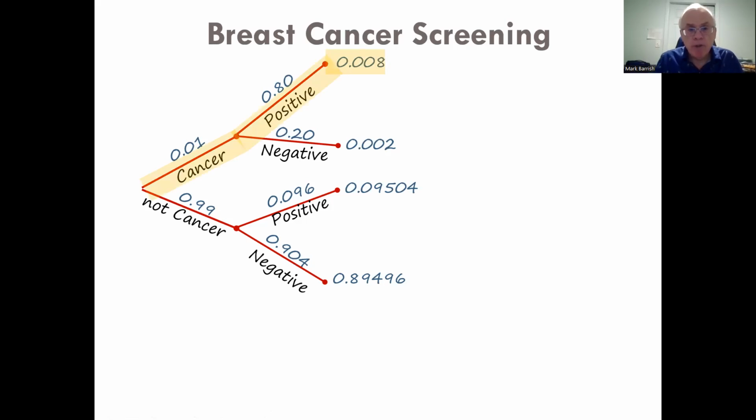So if you wanted to know the probability that you selected a lady at random and they would have a positive result, then you simply add these two here, because these are the two possible positive results.